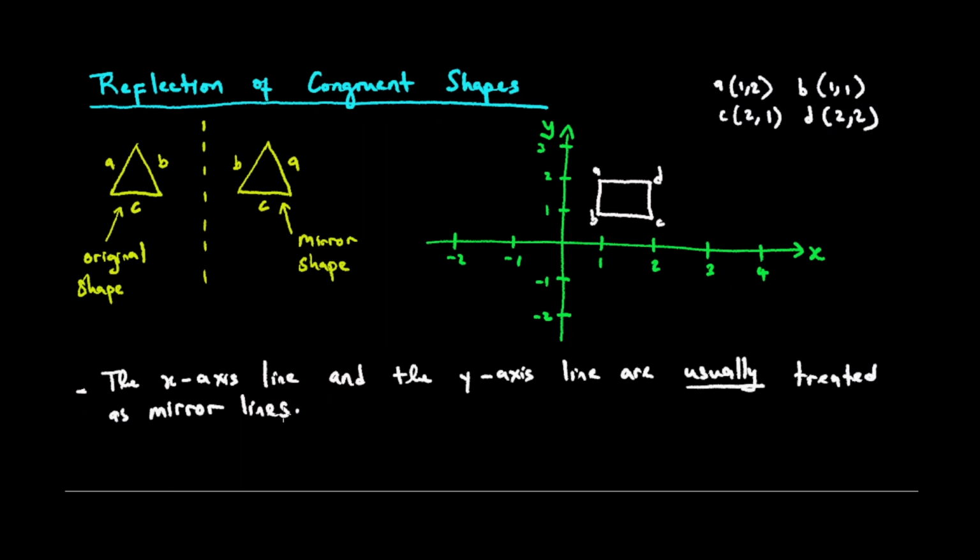How do we reflect it, taking the x-axis as the mirror line? What happens here is that reflecting has the essence of flipping, turning it over.